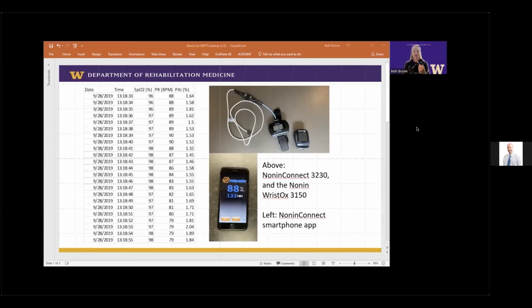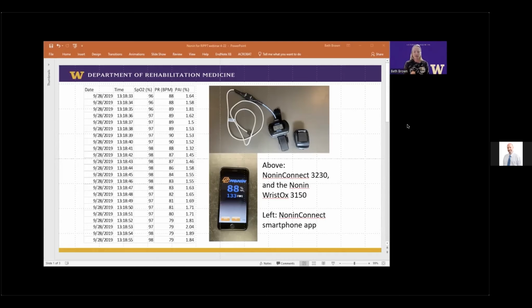The other option, like I said, is this Nonin 3230, which is just at the fingertip. It's all contained there at the fingertip. The advantage of this one is that this piece at the fingertip is rubber, smaller, easier to keep on there, and the wire runs to the watch component.